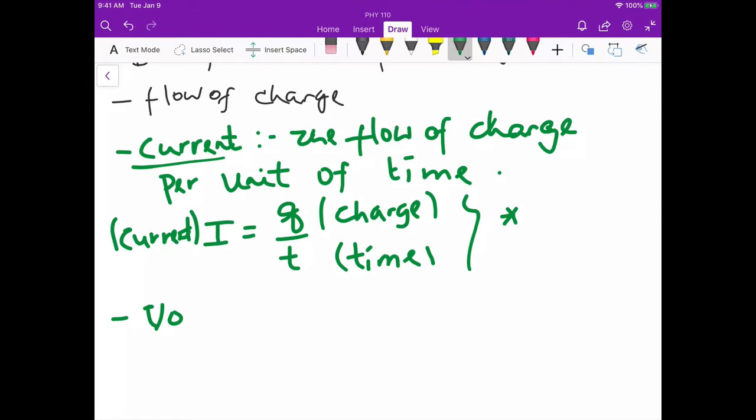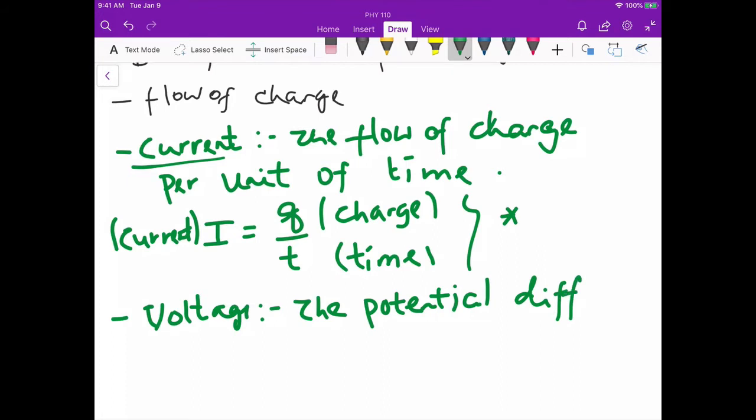The voltage is the potential difference between the two terminals, because there is a positive charge on one side and a negative charge on the other side. It means there are a lot of extra negatives on one side and extra positives on the other side of the battery, right?